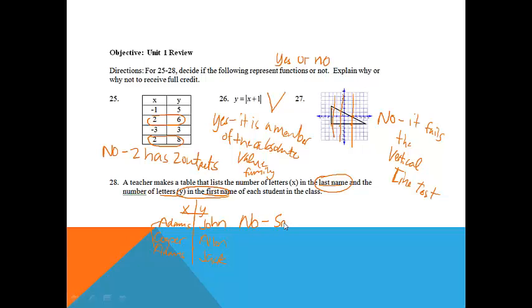Someone could have the same last name but different first names. And obviously that would be true, like in a family, there are lots of people that have the same last name but different first names, so they're not functions.